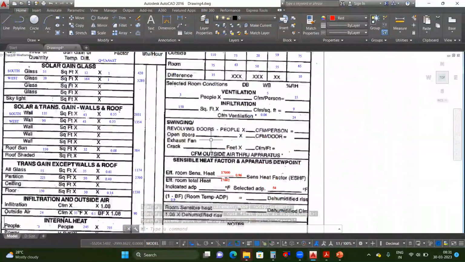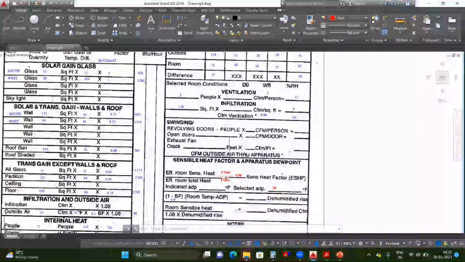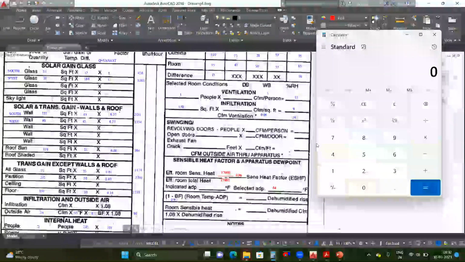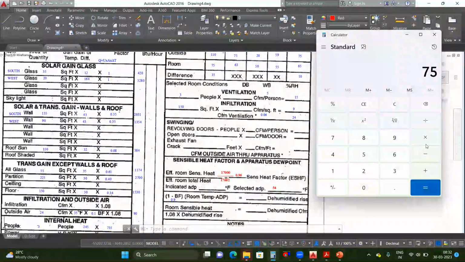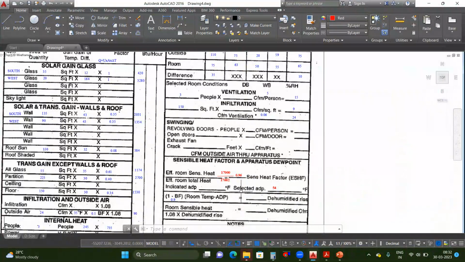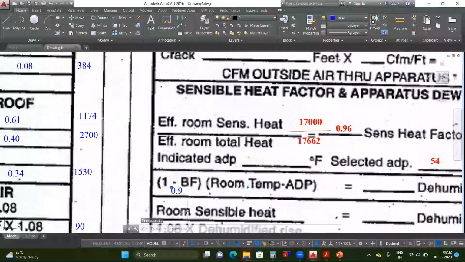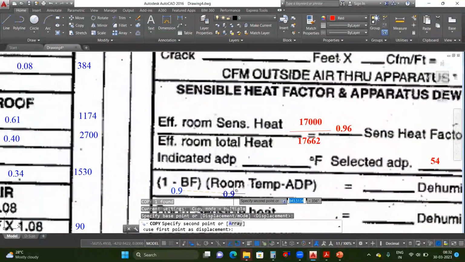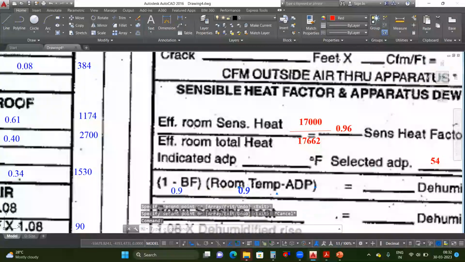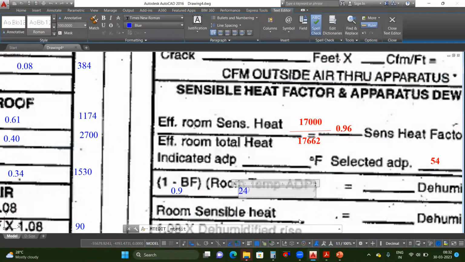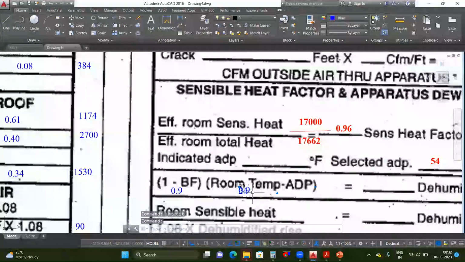So what is the room temperature here? 75. 75 minus 54. 54 is nothing but ADP. We'll get 21 here.